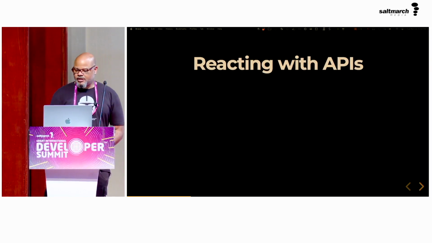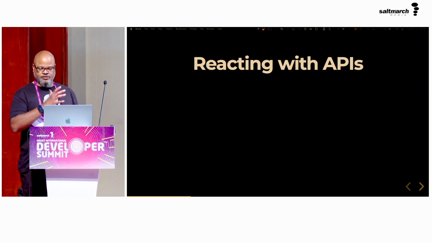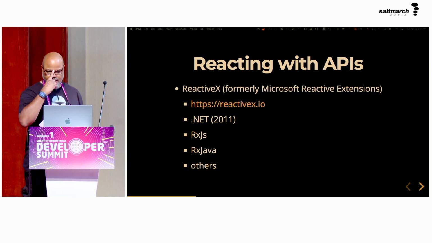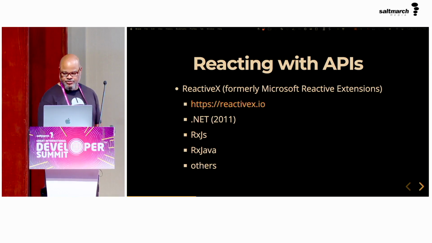After the Reactive Manifesto, and even around that time, we got some APIs. We got ReactiveX, which actually came from Microsoft, and this is where RxJS, RxJava, all of these Reactive APIs came from.